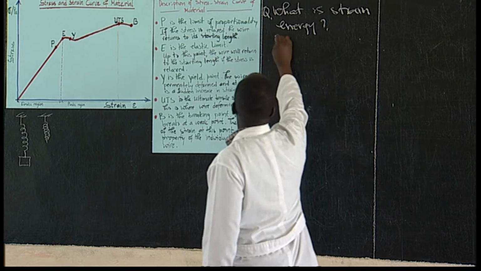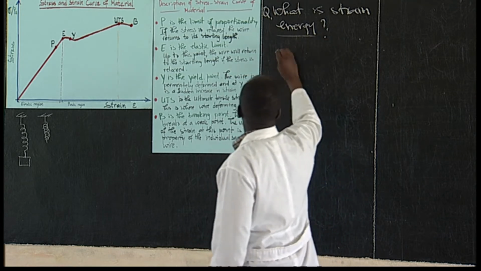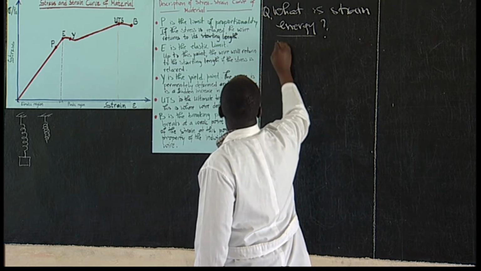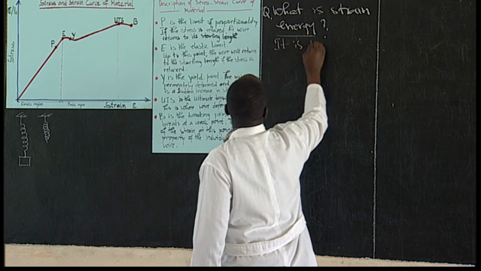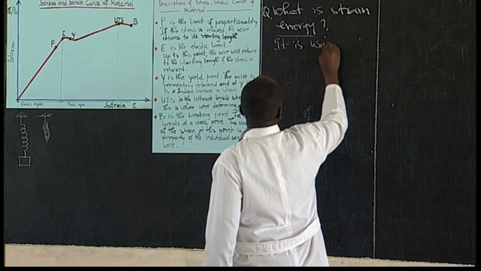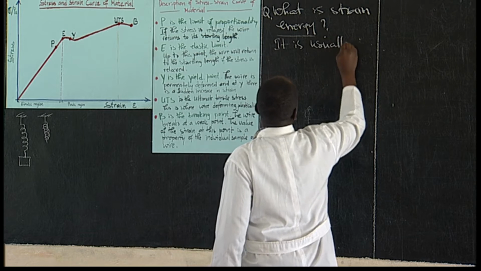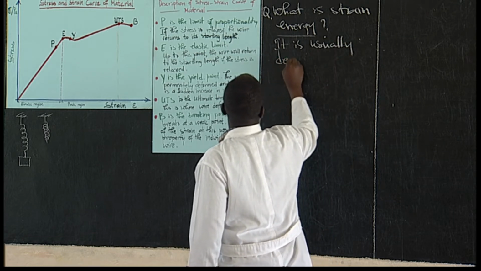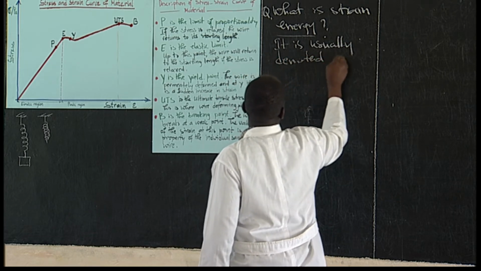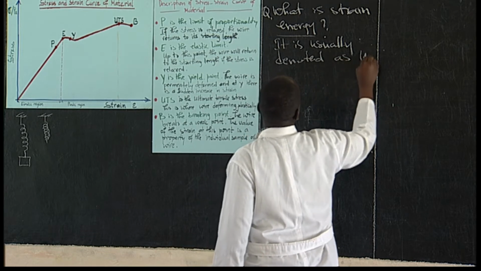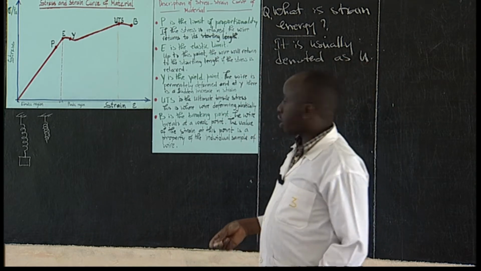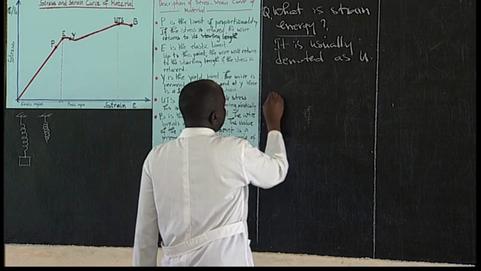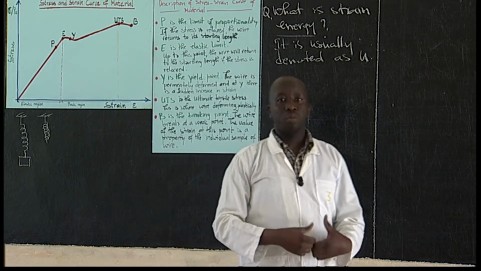This energy is usually denoted as U, and by this time we can find this U if we consider a material, a metal bar.